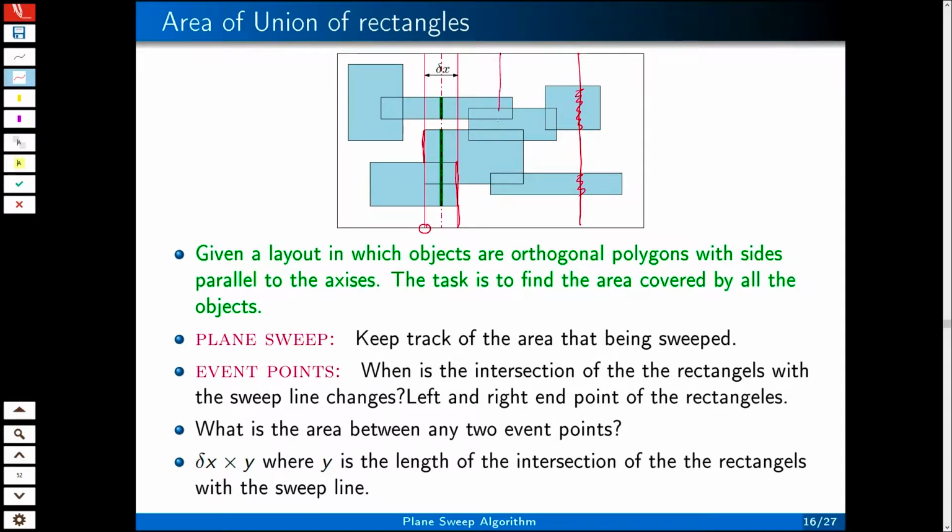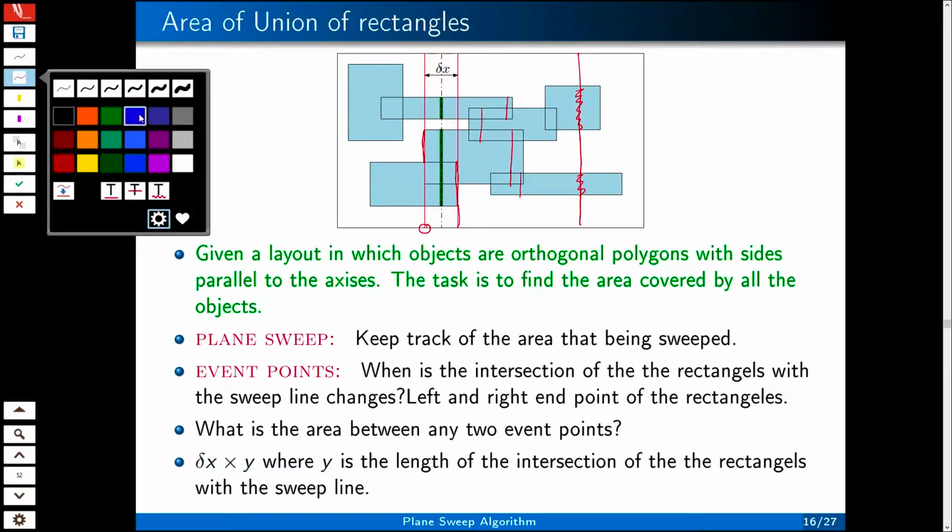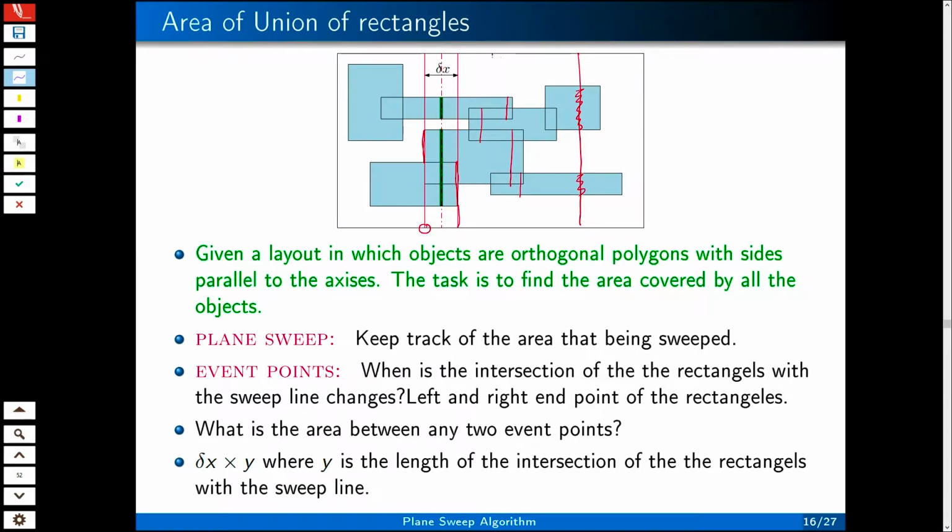If we take a sweep line here, this will be one interval, this will be another interval, and this will be another interval. This is the intersection of the sweep line with the rectangles. Is it clear?